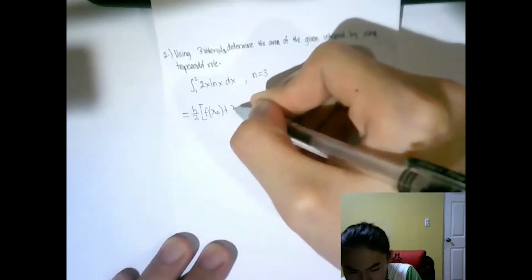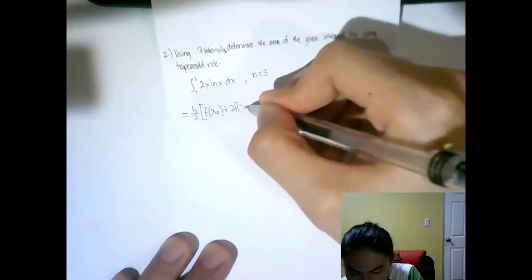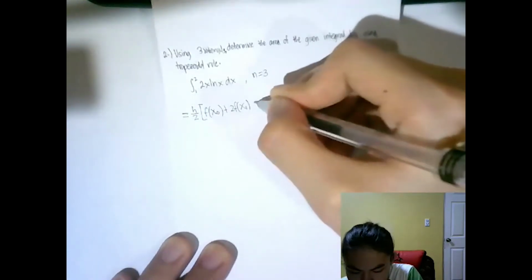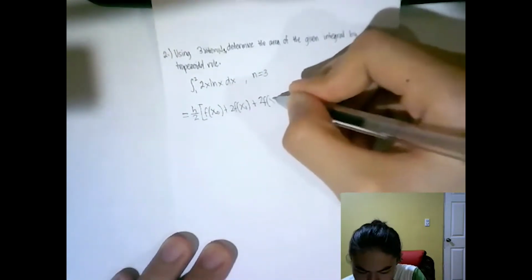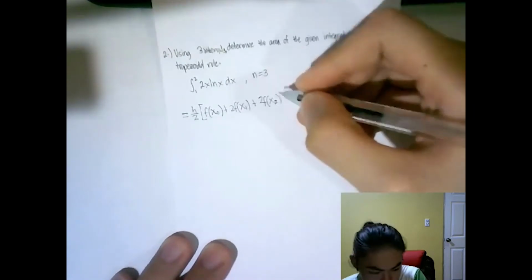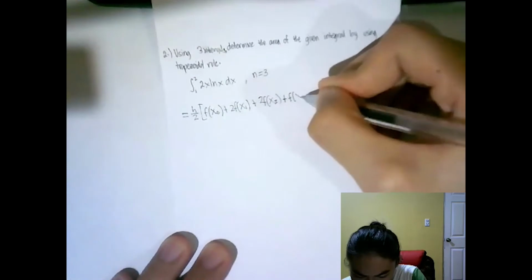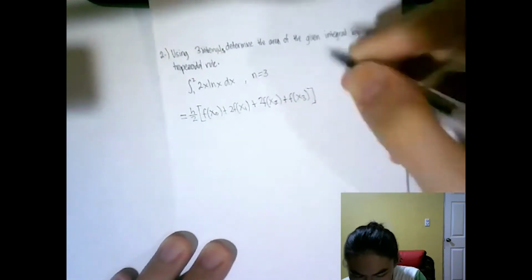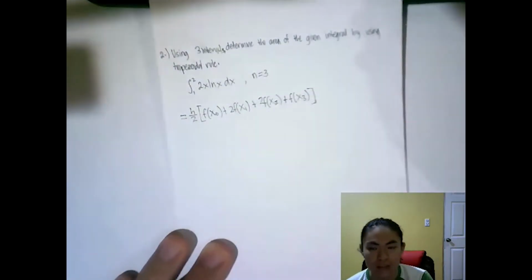h over 2 times f of x sub 0 plus 2f of x sub 1 plus 2f of x sub 2 plus f of x sub 3.